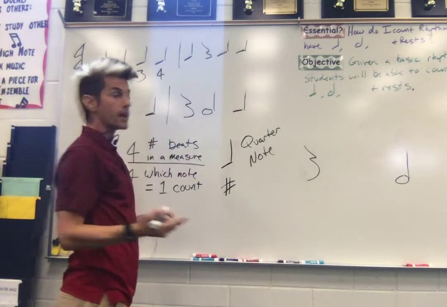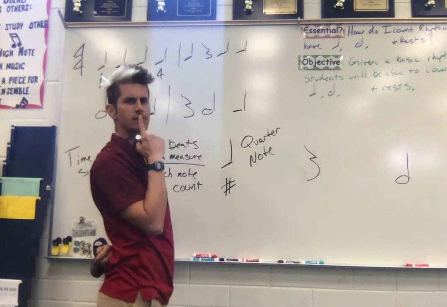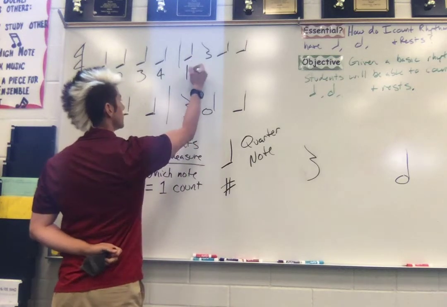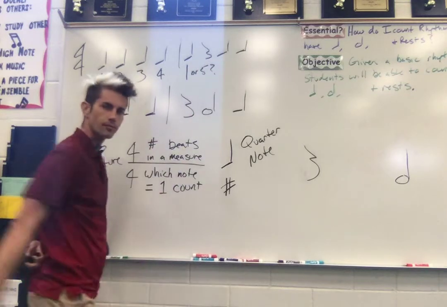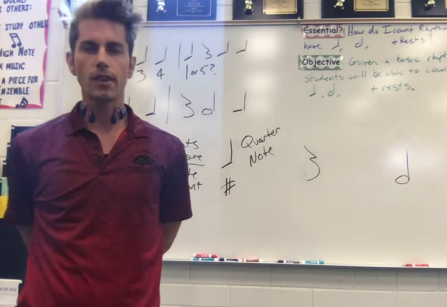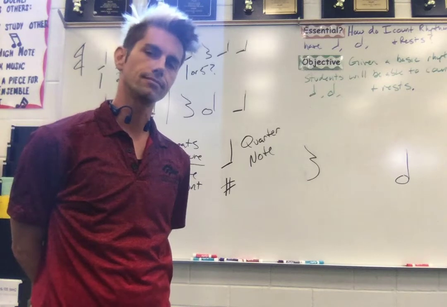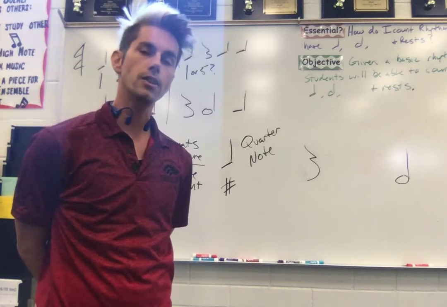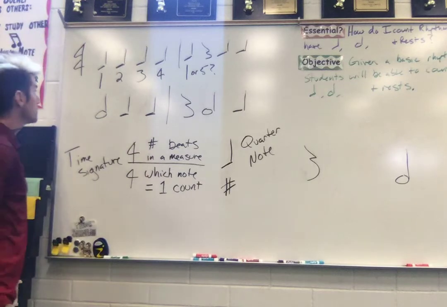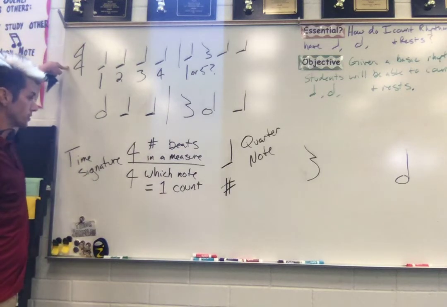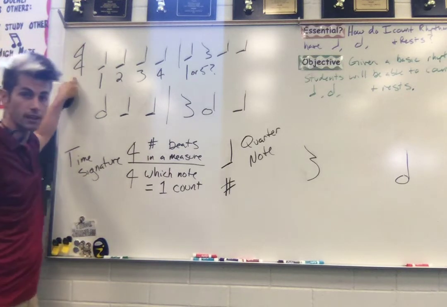Now we have here a bar line. I wonder what that's for. Is this going to be 1 or is it going to be 5? That's a good question. So think about that for a second. How do we know what we're going to count to? If we go back to our time signature at the beginning, we have those two numbers. The bottom number tells us what gets 1 count. That's the quarter note.